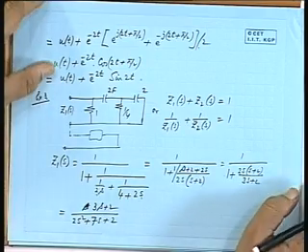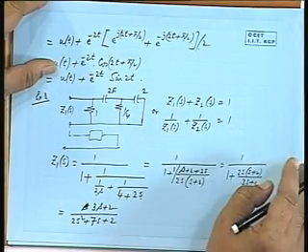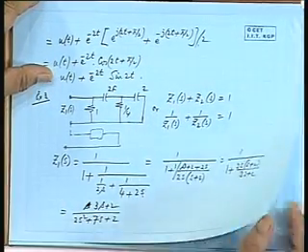Now, what would be Z2s? Let us see the first possibility. Case 1, Z1s plus Z2s should be equal to 1.